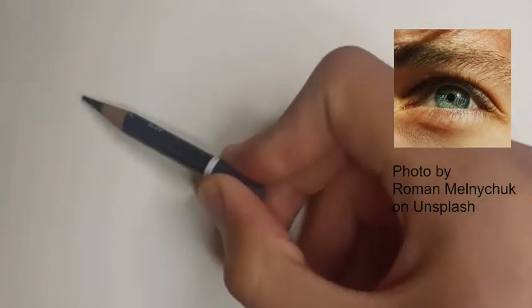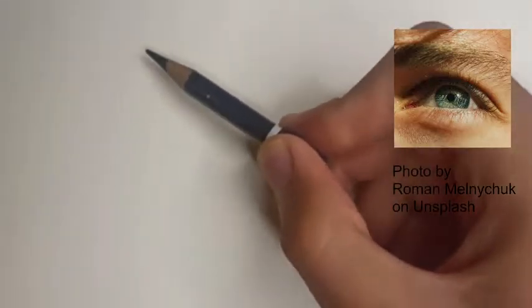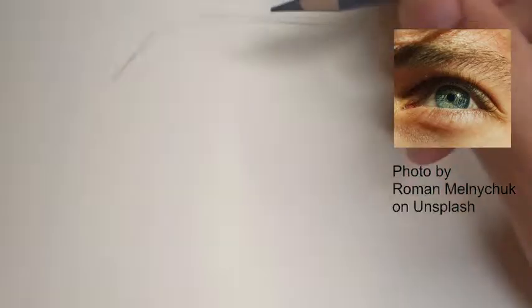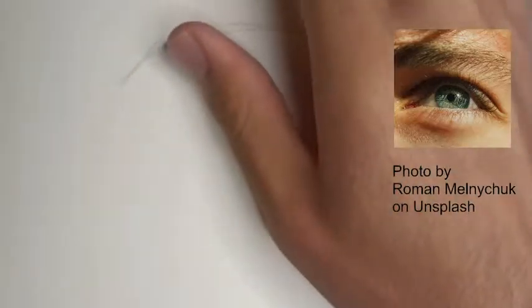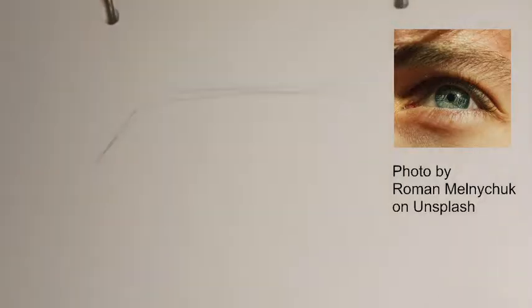So I will draw. Let's make sure that this is clear in the stream. I think it's clear. I will draw the basic outline of the orbit like this. Let's take the paper a little bit down.